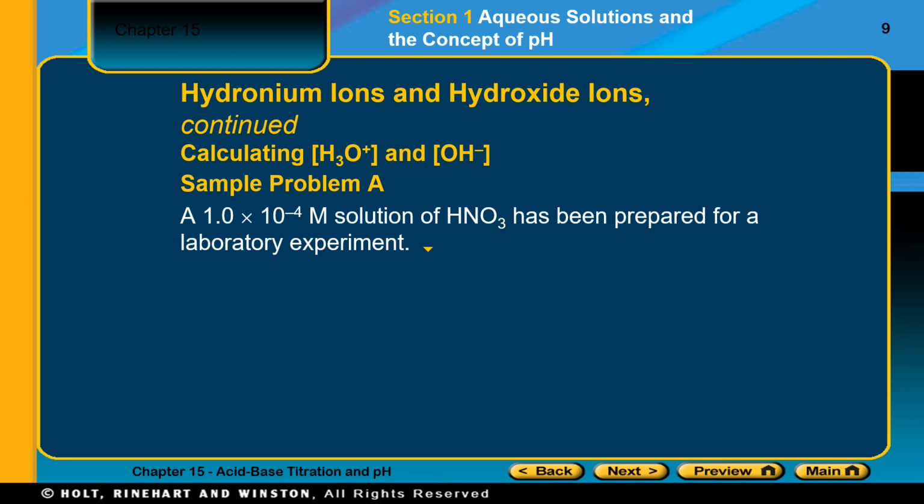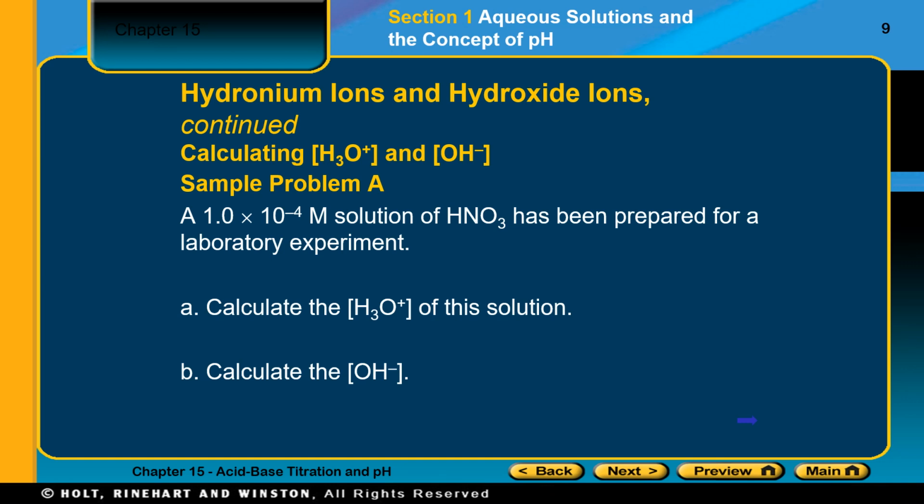We have a solution of nitric acid. It's a 1.0 times 10 to the minus 4 molar solution of nitric acid, so it's not very concentrated. It has been prepared for a laboratory experiment. And we're going to calculate the hydronium ion concentration for this solution. And then we're also going to calculate the hydroxide ion concentration for that solution.